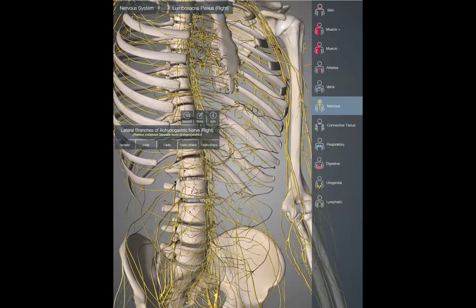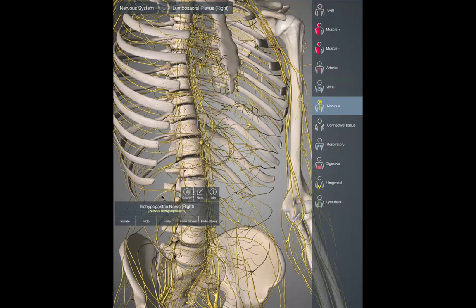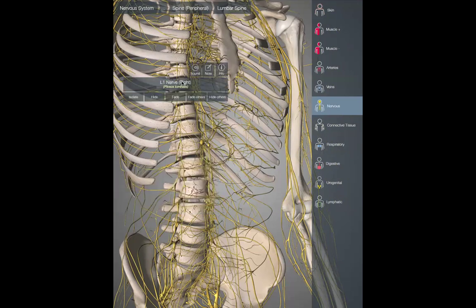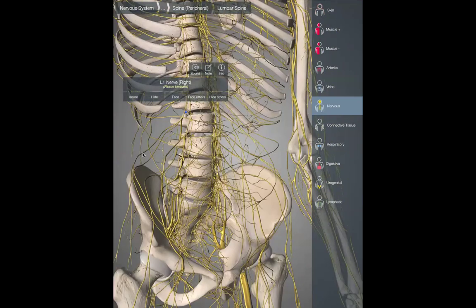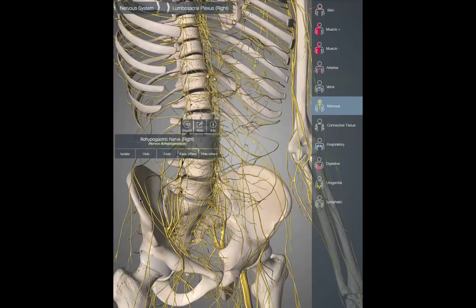It arises from L1, the root of the lumbar plexus. It has motor and sensory functions. Through its branches, it innervates the internal oblique and the transverse abdominis muscles. That's the motor function of the first nerve of the lumbar plexus.